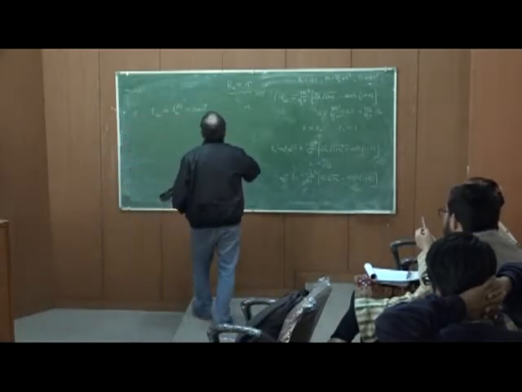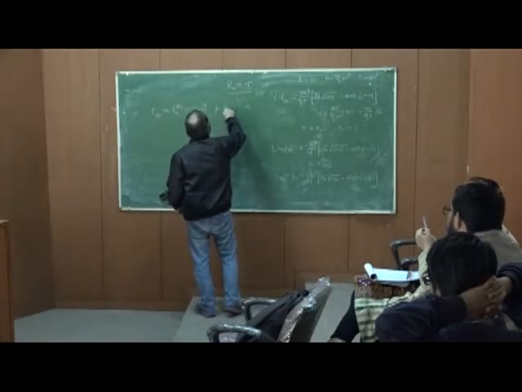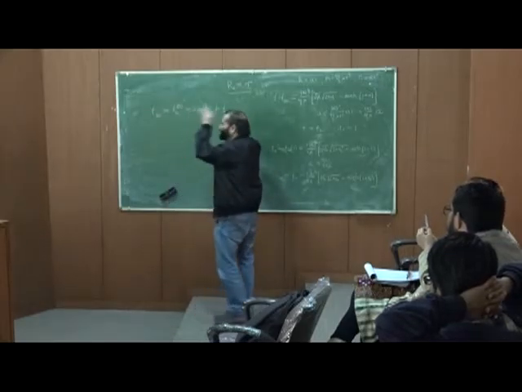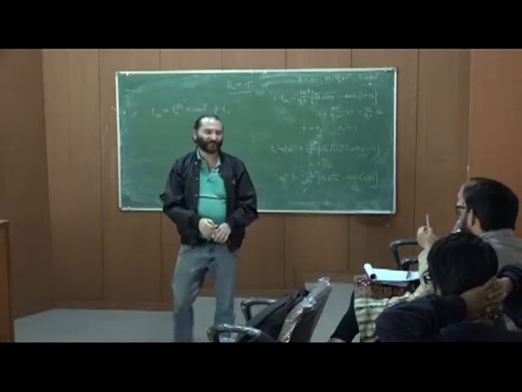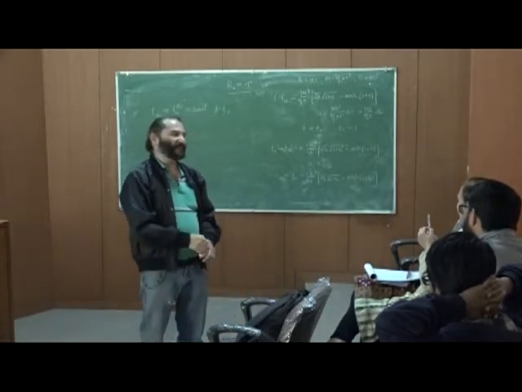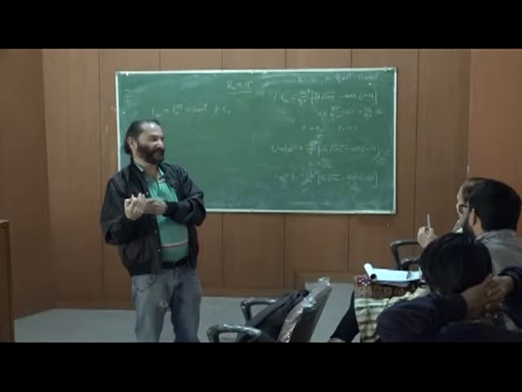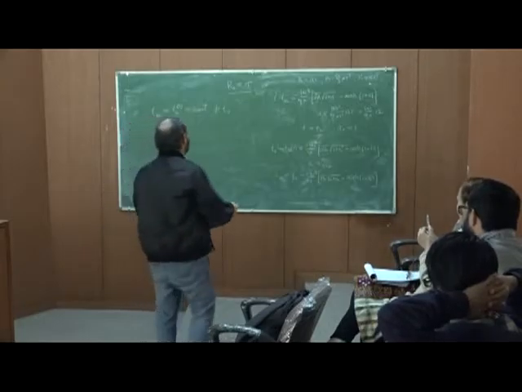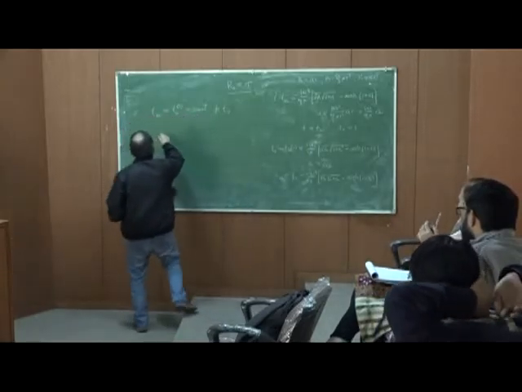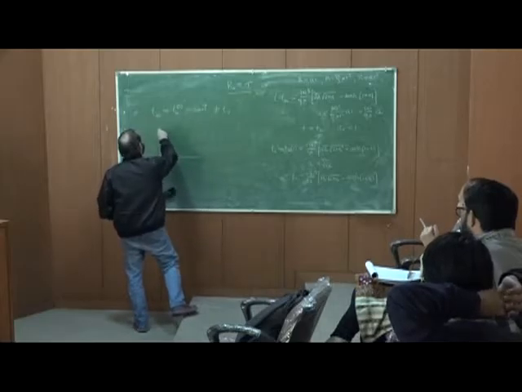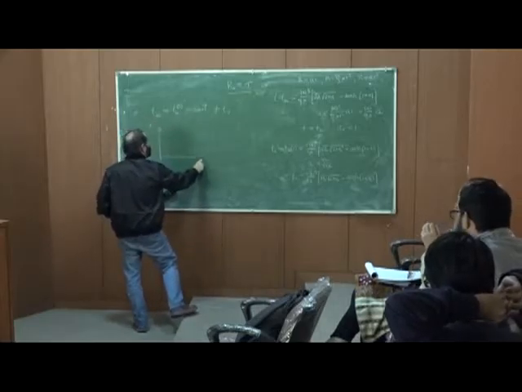This has to be different from T0. It must be different from T0. Also, not only it must be different, it must be earlier, right? Because we are assuming this is our time axis, and this is radius.